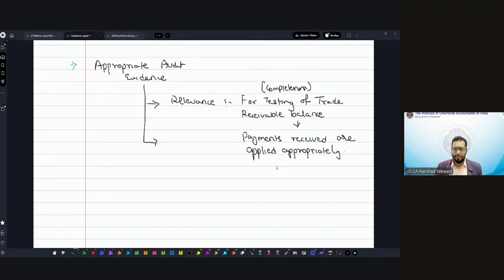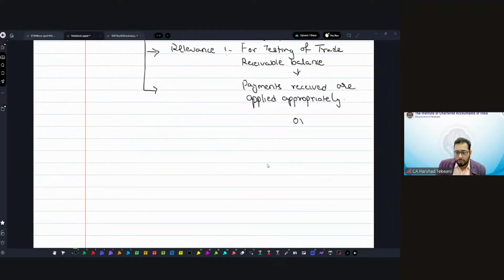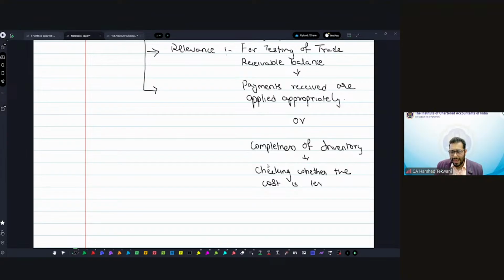Okay, let's take another example. For completeness of inventory, what you are doing is checking whether the cost is less than NRV, and whether the lesser one is taken as value.